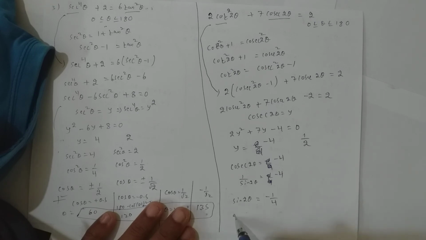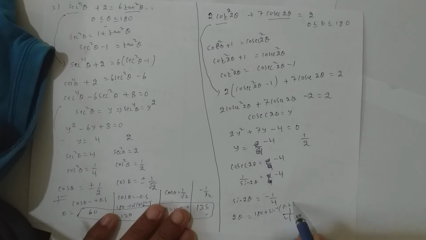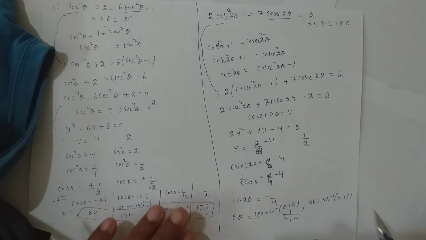So where is sine negative? Sine is negative in third and fourth. So it is directly 180 plus sine inverse 0.25, and in fourth quadrant you get 360 minus sine inverse 0.25.